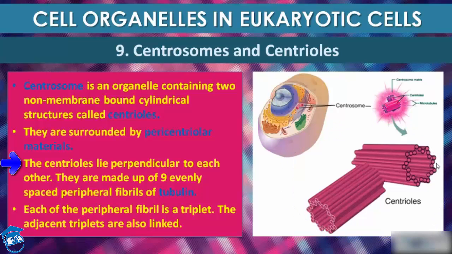They are made up of 9 evenly spaced peripheral fibrils of tubulin. Each peripheral fibril is a triplet. The adjacent triplets are also linked.